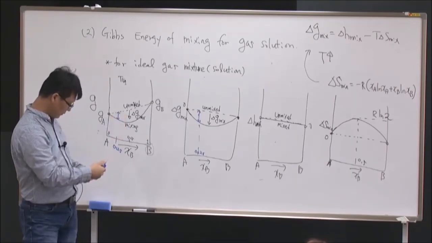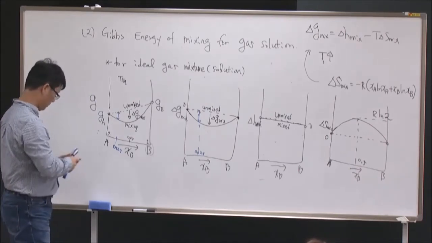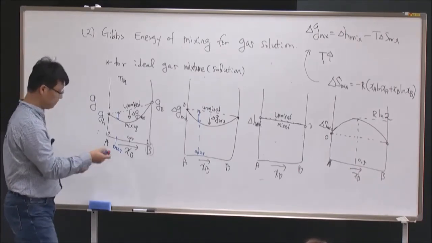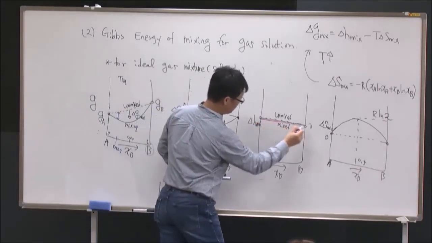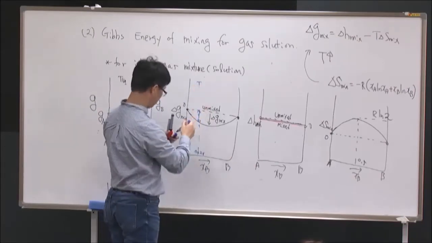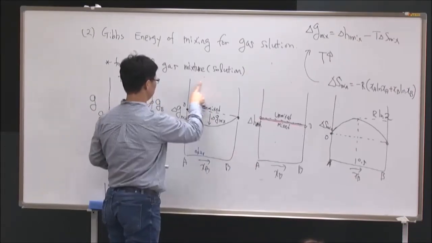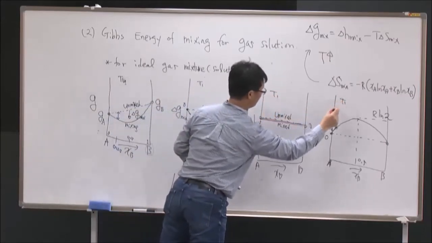In all this actual graph, when the temperature is going up, H is the same. So this is T1 temperature. Sorry, so T1, T1. All this one is T1.